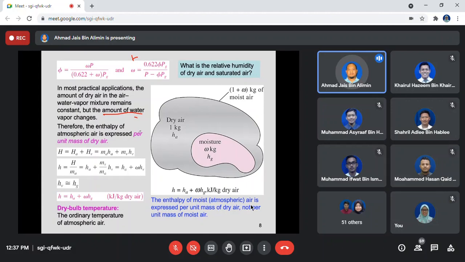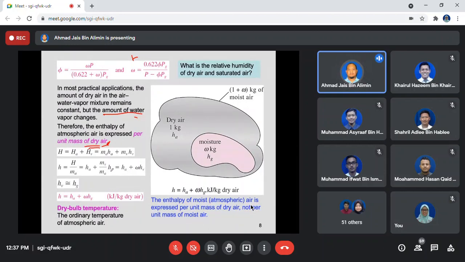So therefore, the enthalpy of atmospheric air is expressed per unit mass of dry air. It is not expressed per unit mass of water vapor, because the air is what remains there. Okay, because the value of dry air remains constant.